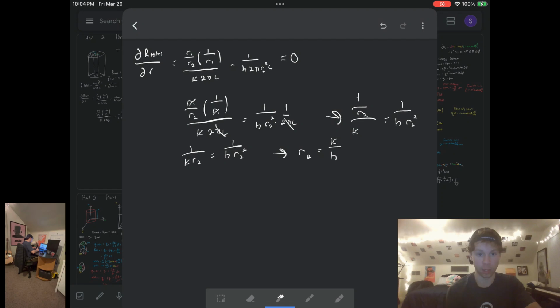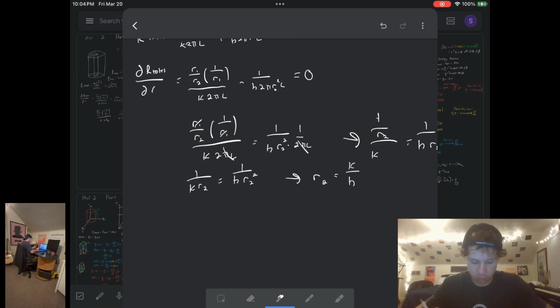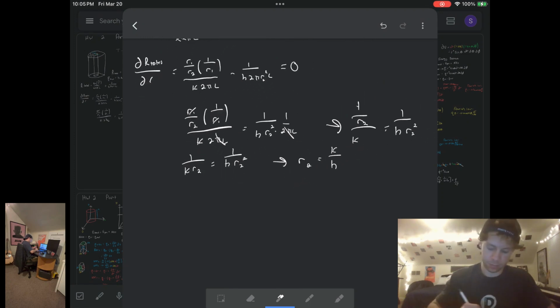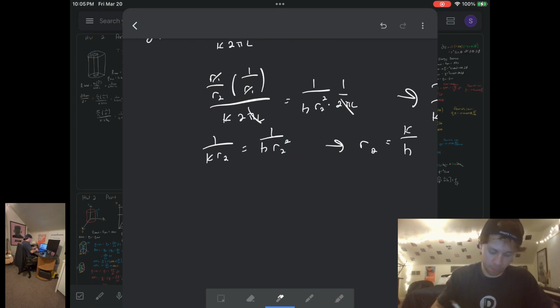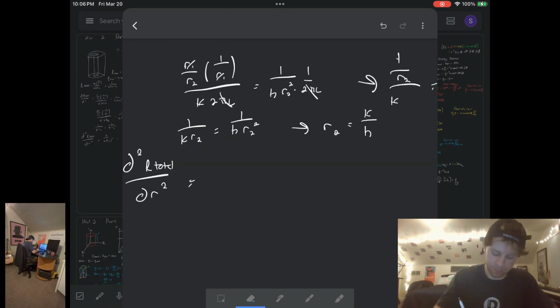So now we need to determine if it's a minimum or a maximum. In order to do that, we will need to find the second derivative. So we'll say second derivative, our total, and for that we'll get the following.